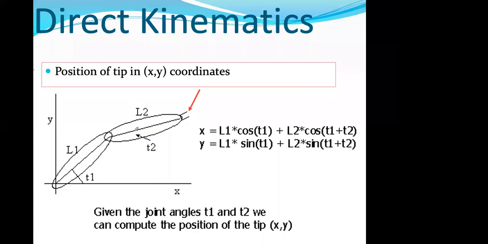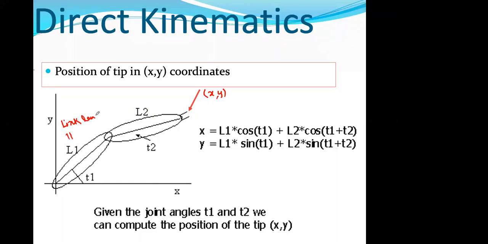So what is the mathematical formulation of direct kinematics? I think you are seeing in the diagram that we have to find the position of the tip. The position of the tip is given as x and y. The robot has two links.